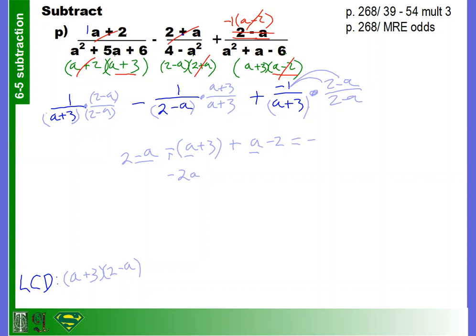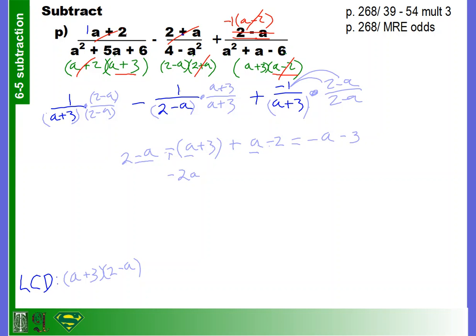So we're going to have a negative a in the numerator. What is 2 minus 3 minus 2? Negative 3.